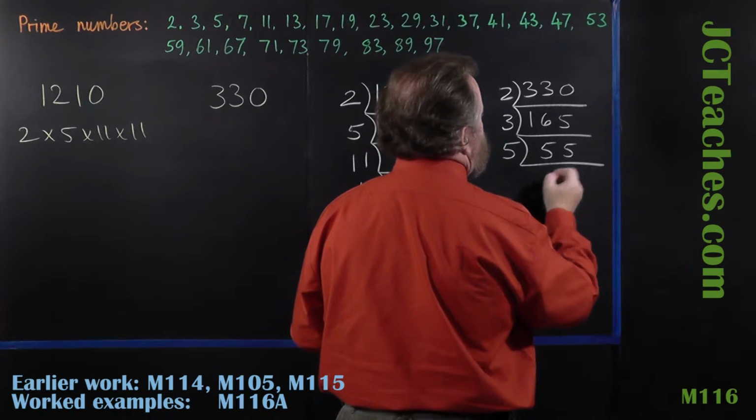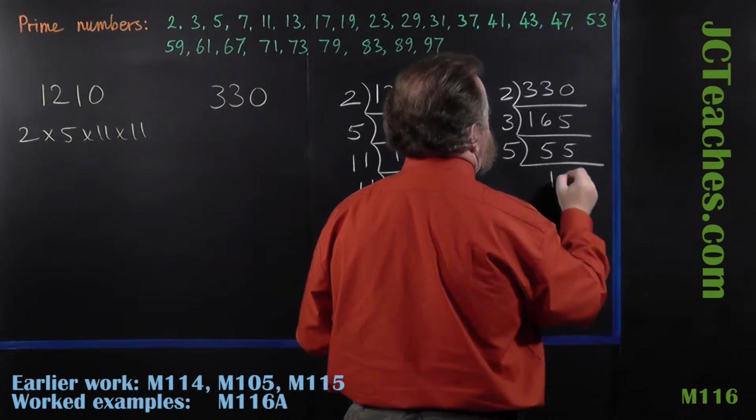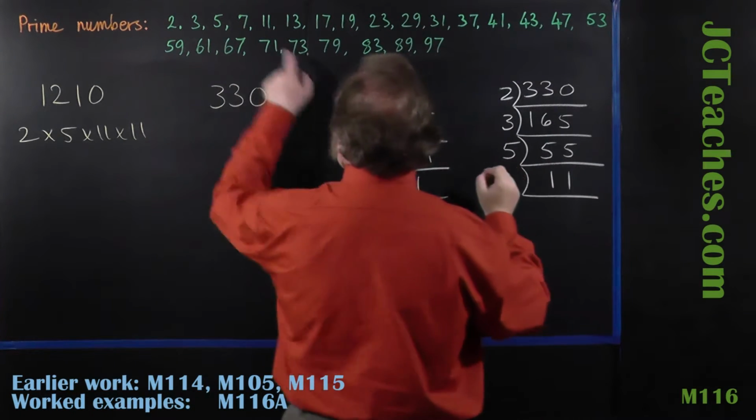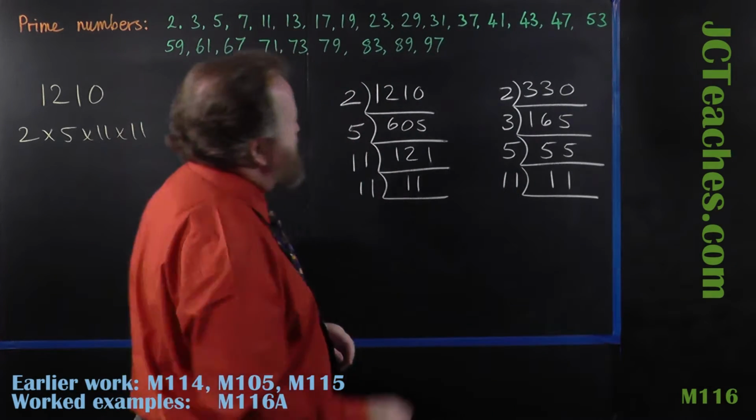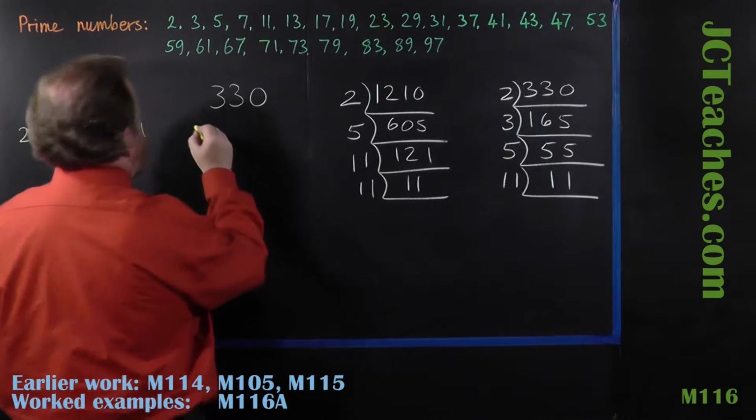It's 5 11s, isn't it? 11 is a prime number, so we have to stop there. And we get 2 times 3 times 5 times 11.